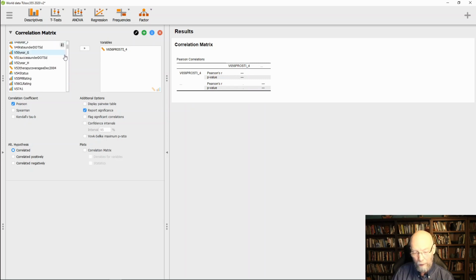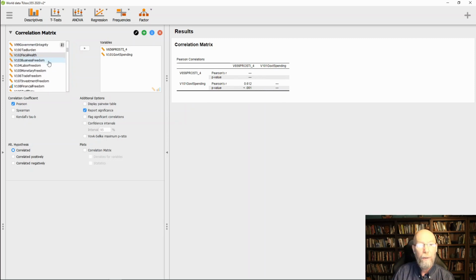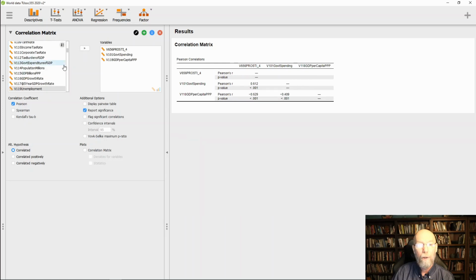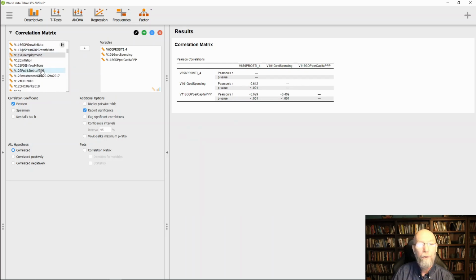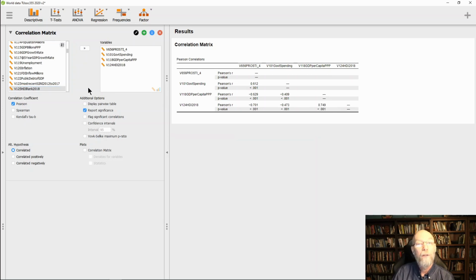And then we have independent variables related to number 101 is government spending, 118 is GDP per capita, and 124 is the Human Development Index rating for each country. All right, so here we have the correlation matrix. We're going to need that to be able to make sense of the multivariate. Okay, let's set that aside. We'll come back and look at those results in a moment.